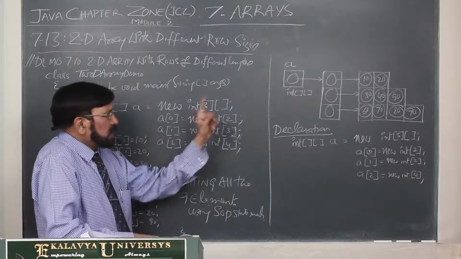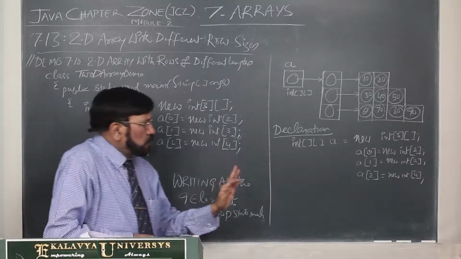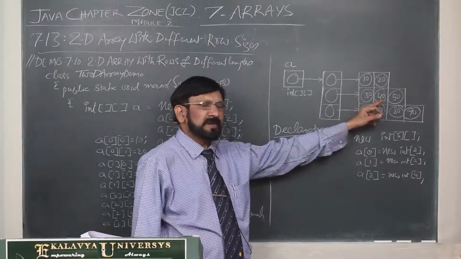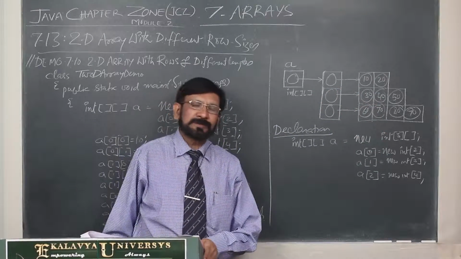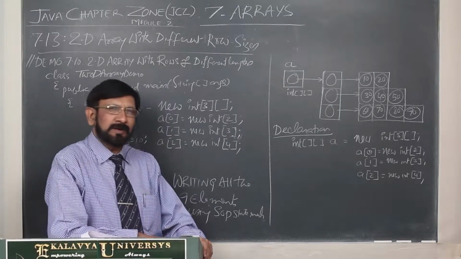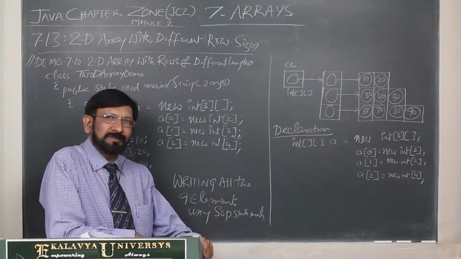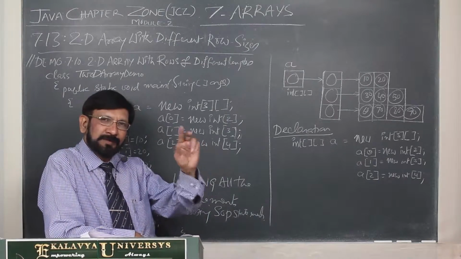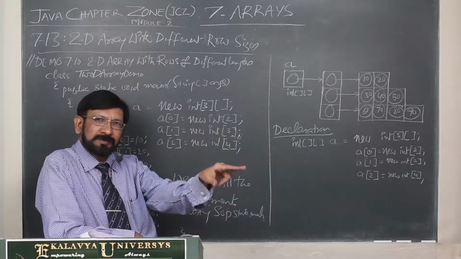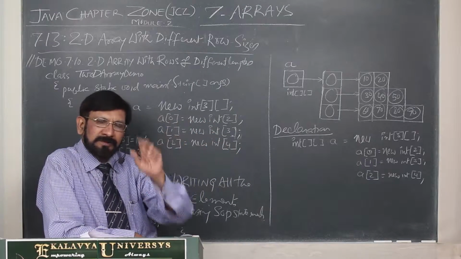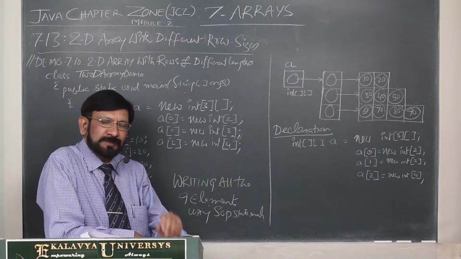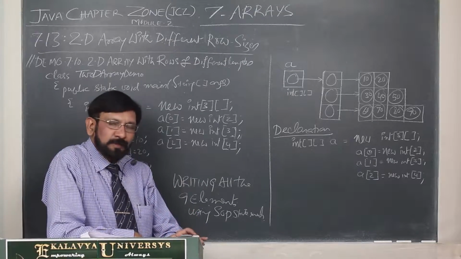This is that category of element. This is a two-dimensional array, but row sizes are different. For this purpose, whatever syntax we learnt is not suitable, because there we simply gave two sizes. One is the row length, the second one is the column length. Two subscripts we have given. Here that is not possible.